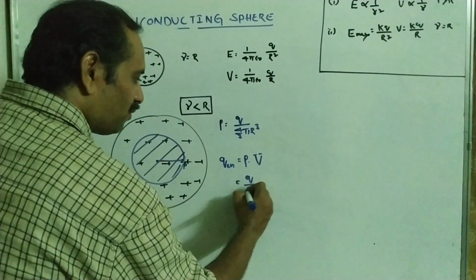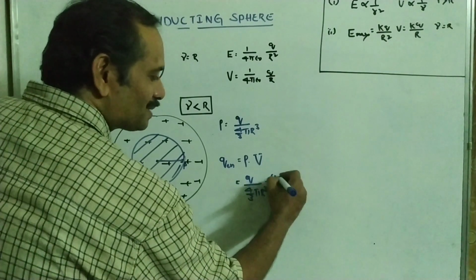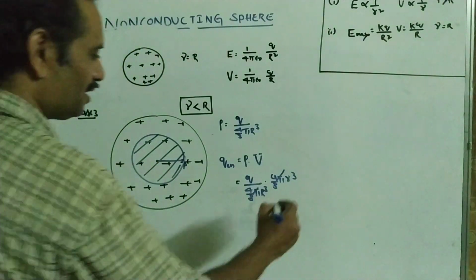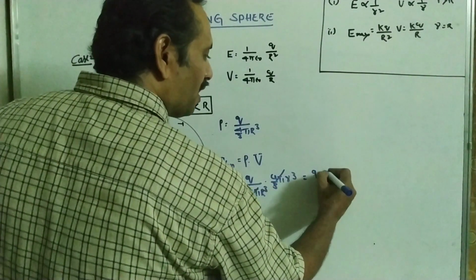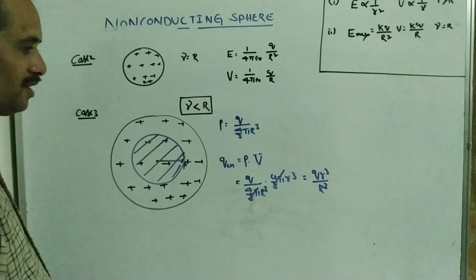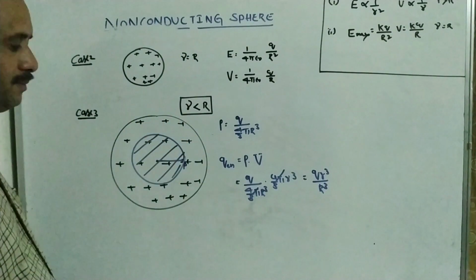Q by 4 by 3 pi R cube into 4 by 3 pi small r cube. 4 by 3 pi gets cancelled. Then Q small r cube by capital R cube is the enclosed charge.